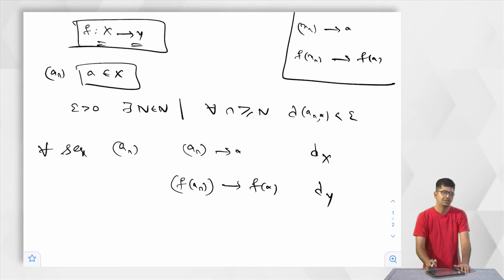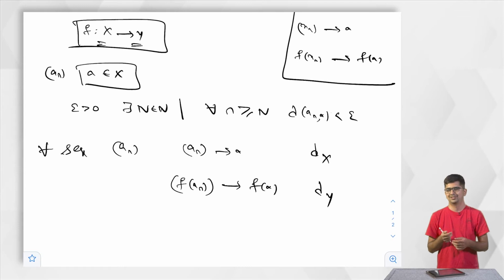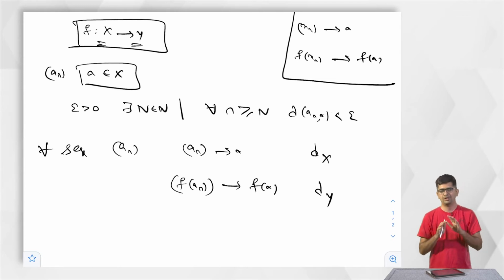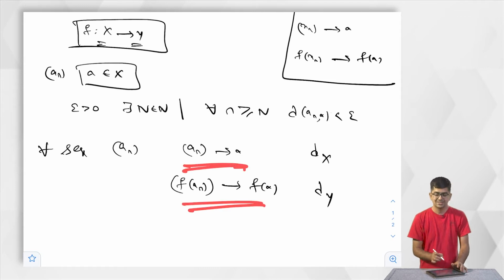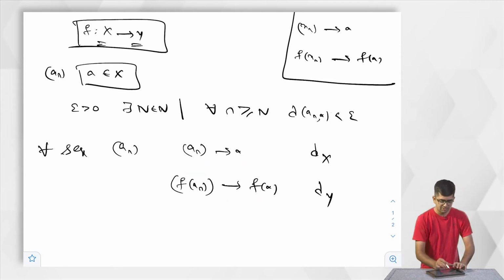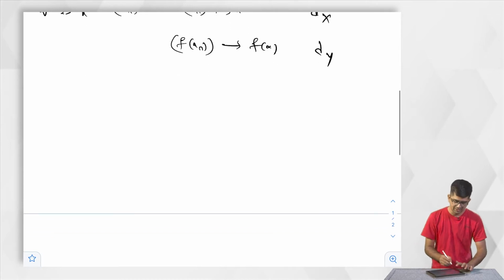Now in case of continuous functions, there are two ways, maybe more than two ways to know, but we have only seen two ways. One is the sequence version, one is the epsilon delta version. So what is the epsilon delta version for continuity in real numbers?